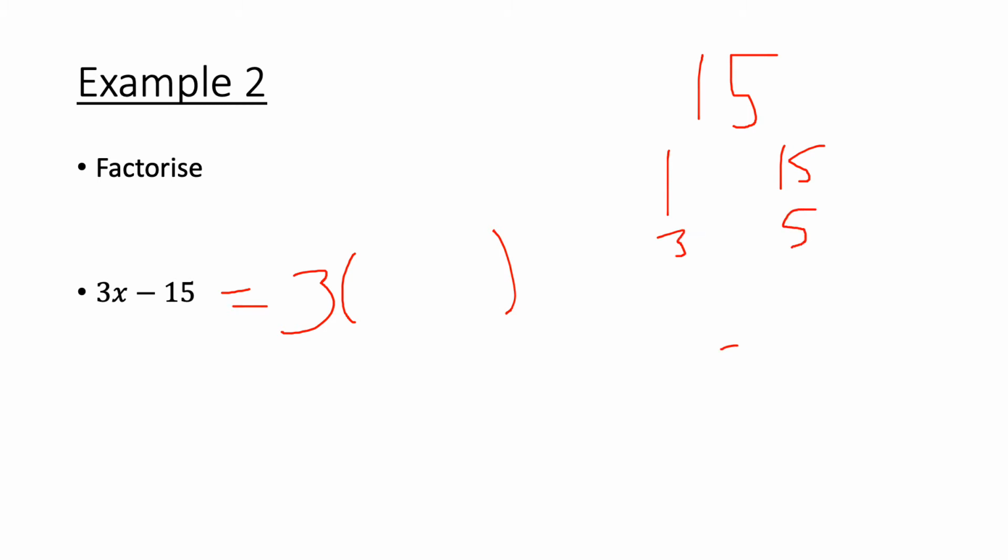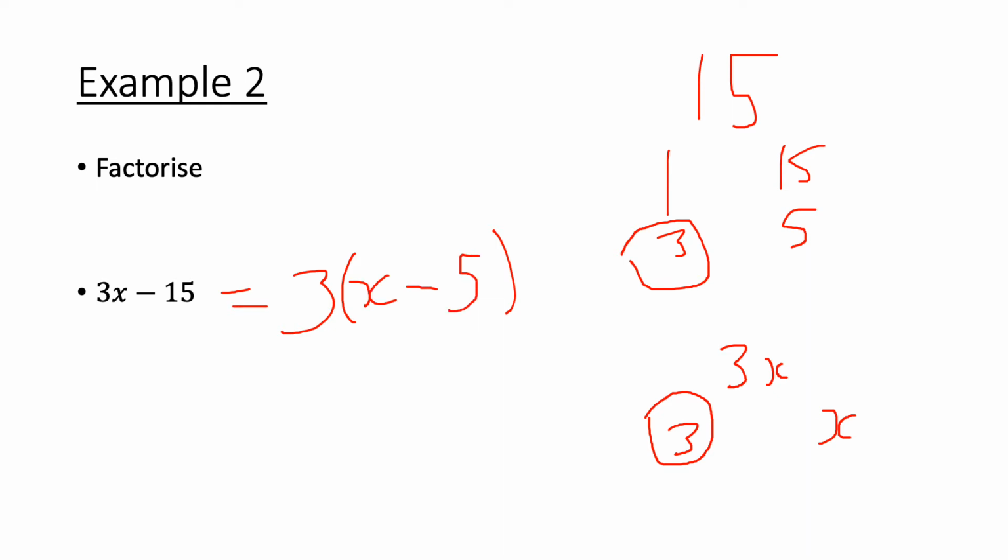The factors of 3x are 3 and x. 3 is the common number between these two. 3 times x is 3x, and then minus 5, because 3 times negative 5 is negative 15. Remember that a positive times a negative gives a negative answer.